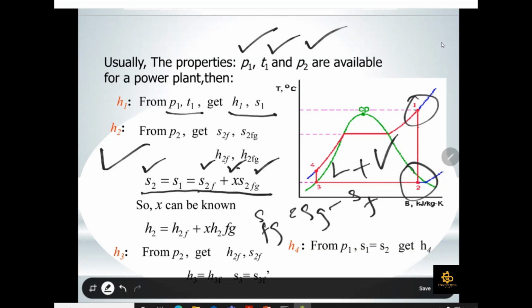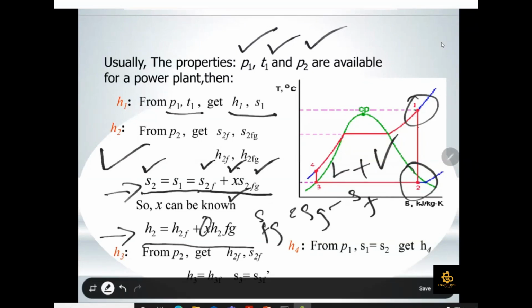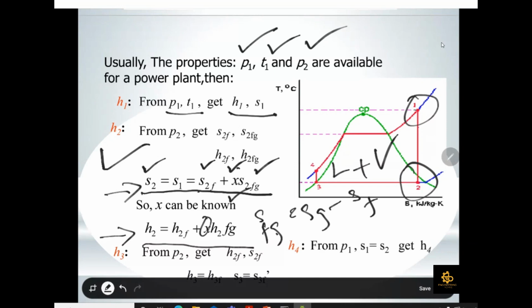If the quality is not given in the question, you have to first find it from this relation and then put that quality in the second equation. But if the quality is already known, you can directly use the second equation, H2 is equal to H2f plus x into H2fg. So you can find the enthalpy value at state 2 as well.